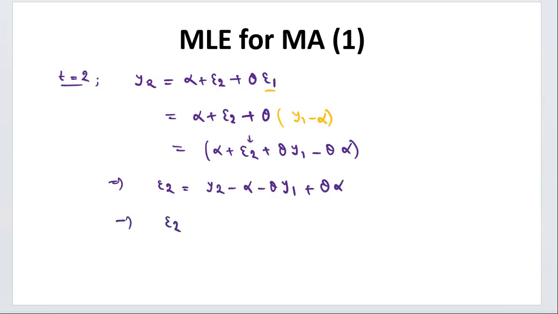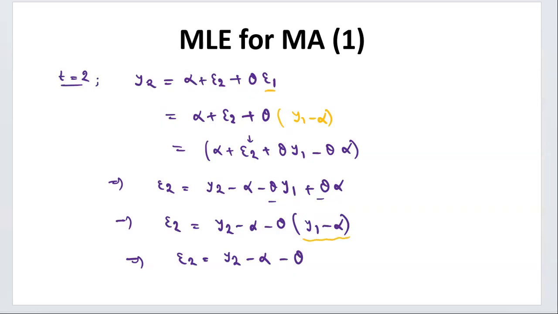So now epsilon 2 will be y2 minus alpha, and if you take theta common from these two terms, you will have y1 minus alpha. So epsilon 2 is y2 minus alpha minus theta, and this thing again is epsilon 1.